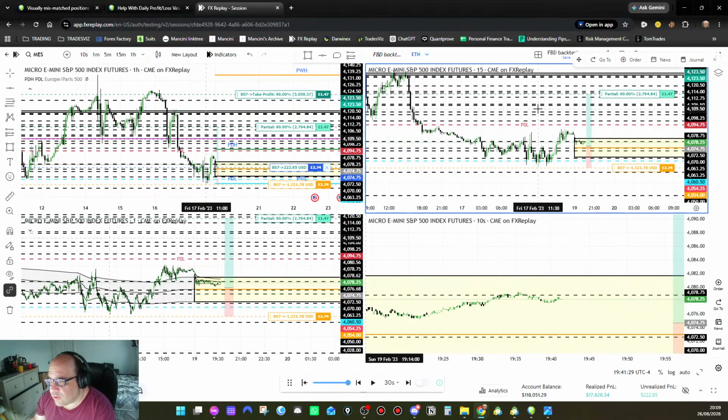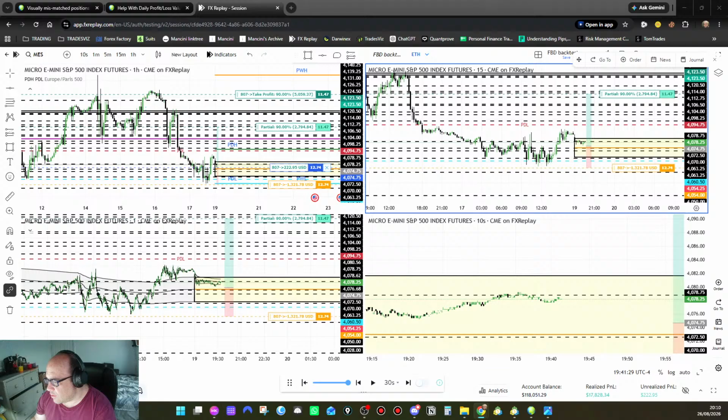Okay, and now we're ready to take the order. Look for the backtest of this level, the original level that was holding the price, then it just broke and collapsed. And I'm gonna take a screenshot. Okay, now we are good to go.